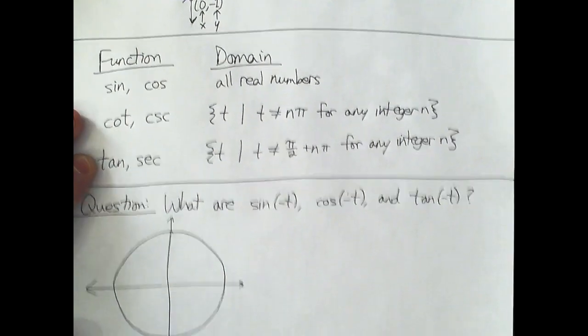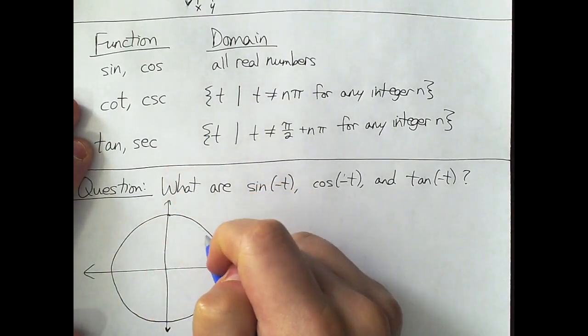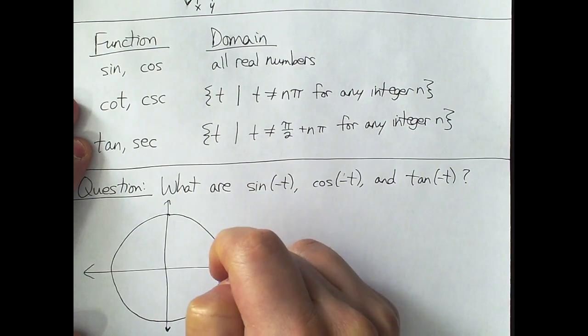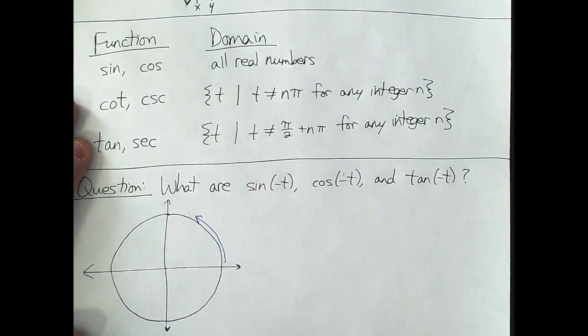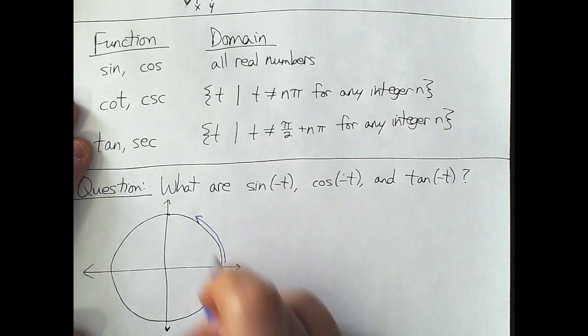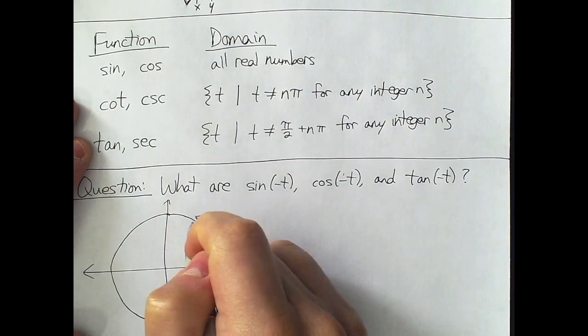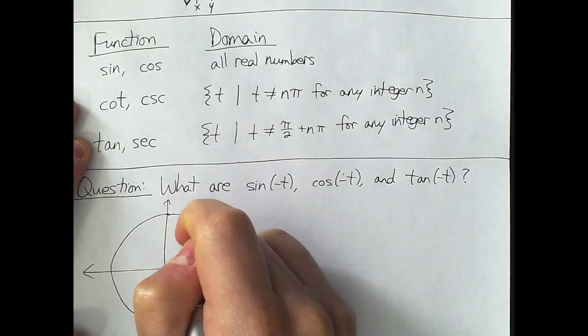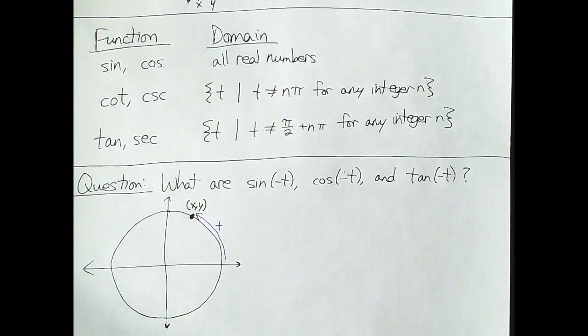Let's say we go some distance. We'll keep it kind of vague because we want to be general here, but let's say we go some distance t, like this, and it takes us to some terminal point x comma y. Can we figure out what would happen for negative t?